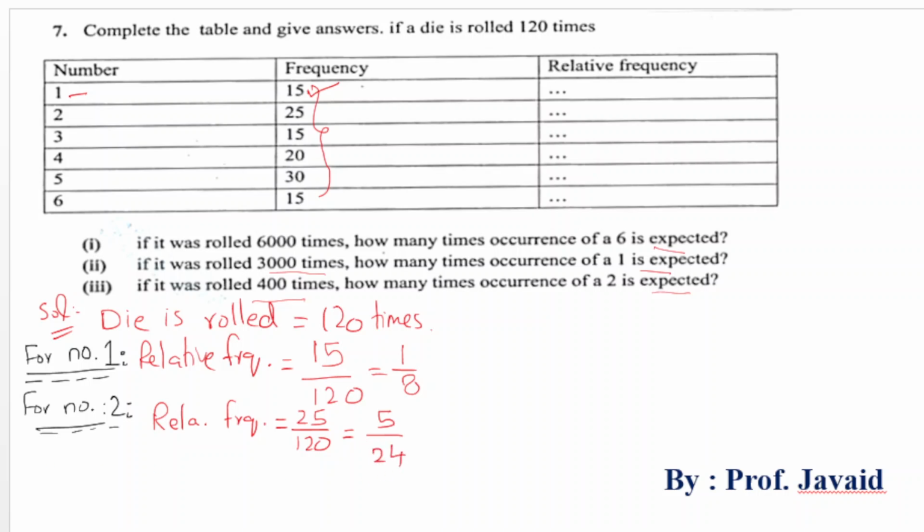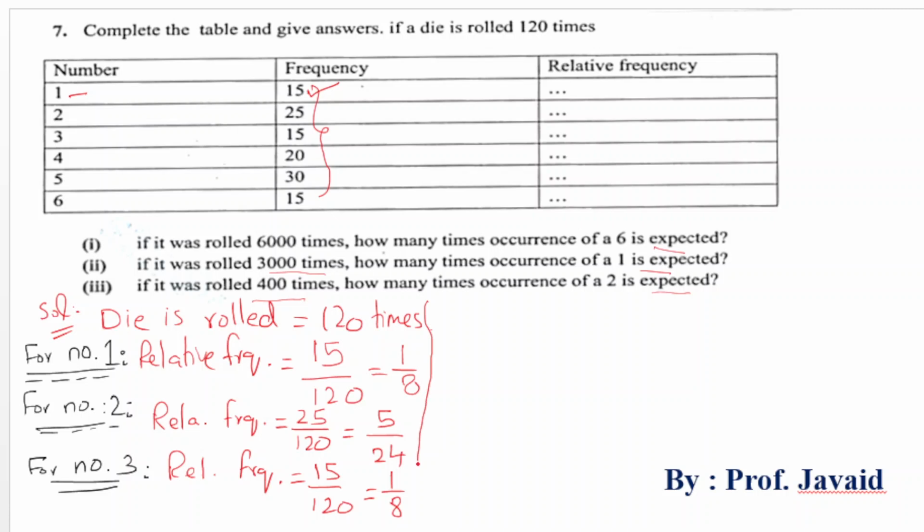Now for number 3. Relative frequency for 3 is 15 divided by 120. We already solved 15 divided by 120, so that will be 1 over 8. So this is done.